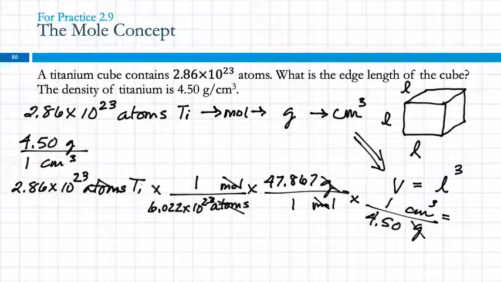And I'm thinking this needs 3 sig figs. And the unit is cubic centimeters. Am I finished? No. That got me the volume, and now I need to use algebra to calculate the length.